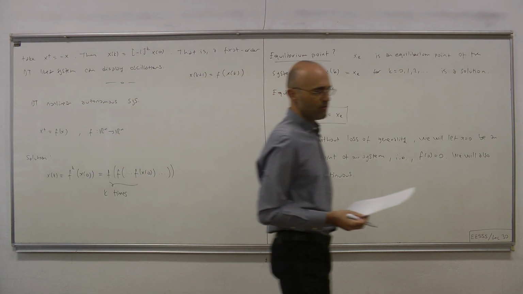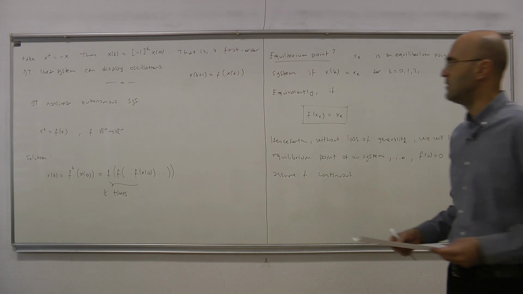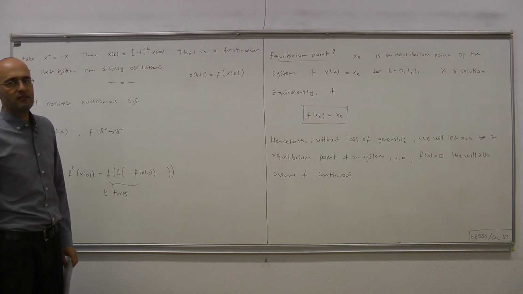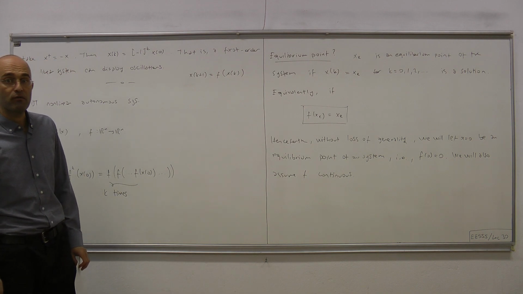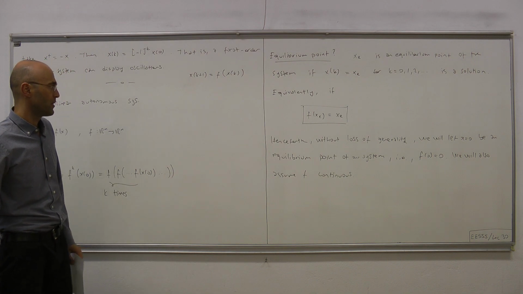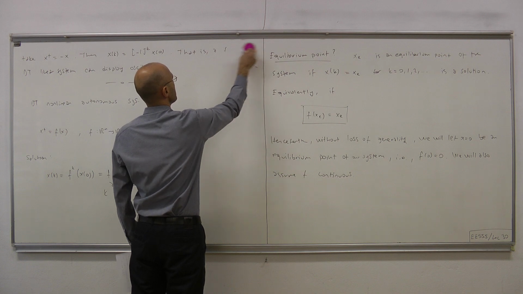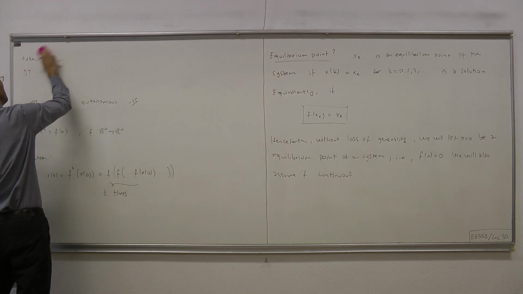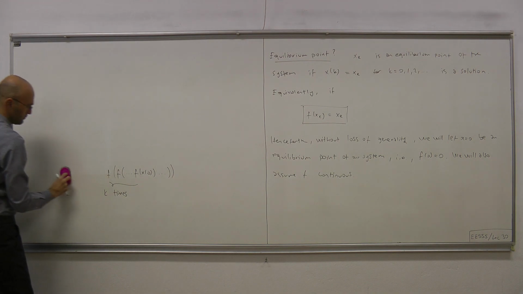Okay. Now, having defined equilibrium point for an autonomous discrete time system, we're now ready to introduce the qualitative behavior from the stability point of view of such an equilibrium point. The definition is exactly the same as was in continuous time.